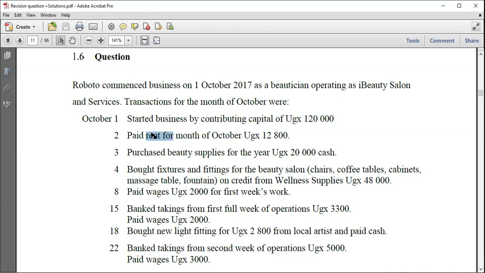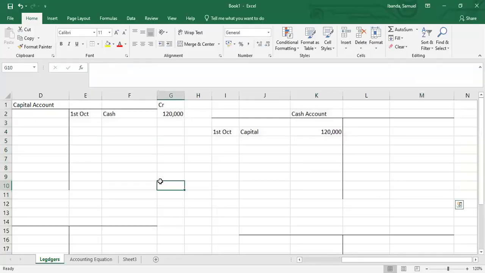So, paid rent for the month of October, 12,800. Now, rent is an expense, like we said. So we are going to have an expense account of rent, and then we shall affect our cash account.